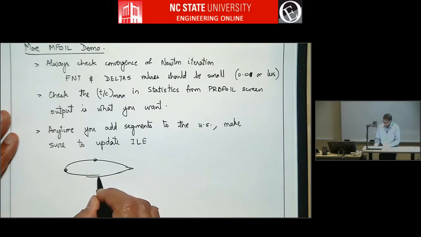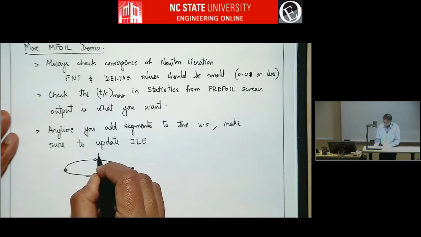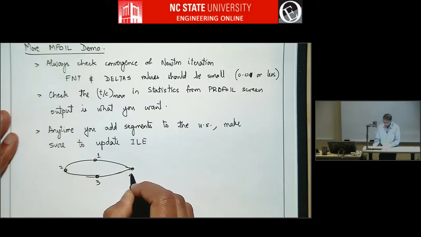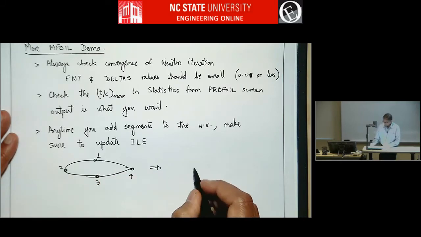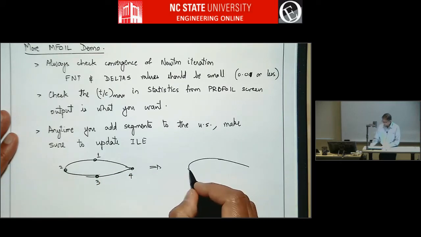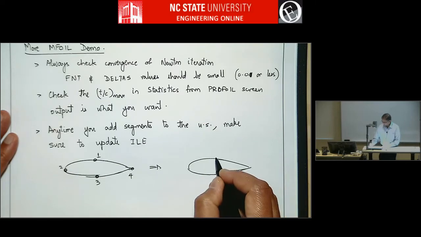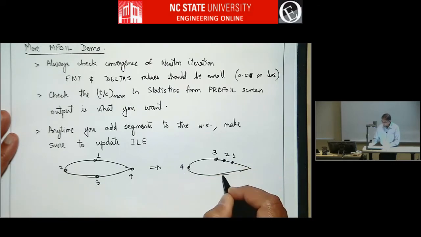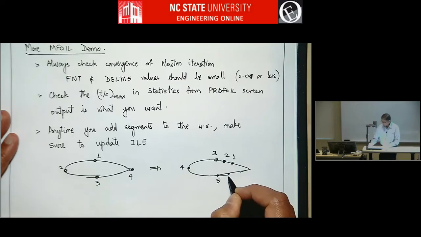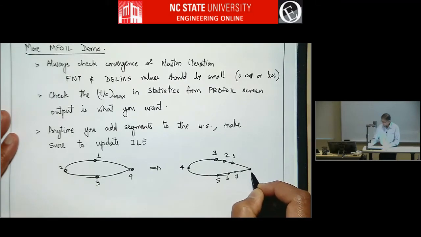So earlier we had a 4-segment airfoil, so 1, 2, 3, and 4, and we inserted 2 segments here, right? So we wanted to make it something like this. This became 3, and I created 2 segments here, 1, 2, and so this becomes 4. This is 5, 6, 7, and 8.